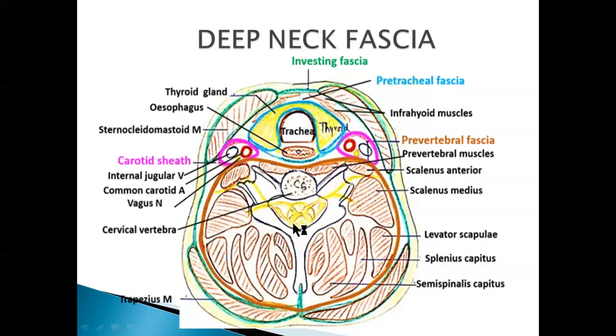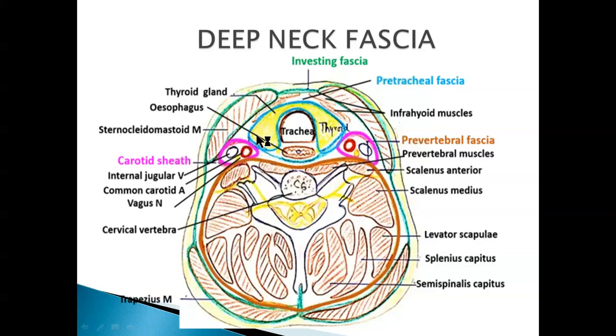And for the clinical point, a question can be asked: what are the two glands which investing fascia envelopes? We know about the two muscles. The two muscles which investing fascia covers are your SCM, sternocleidomastoid, and your trapezius. And the two glands which it would cover are your parotid gland and your submandibular gland.